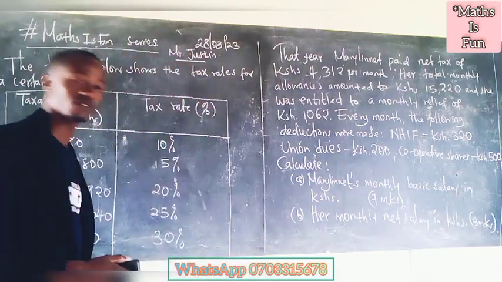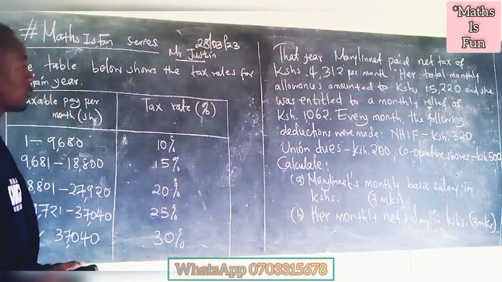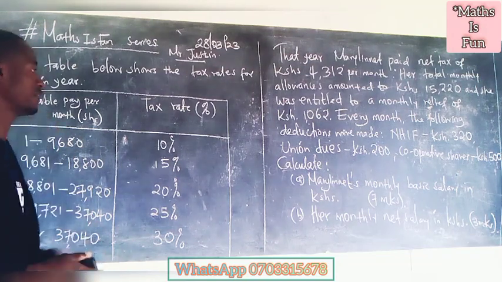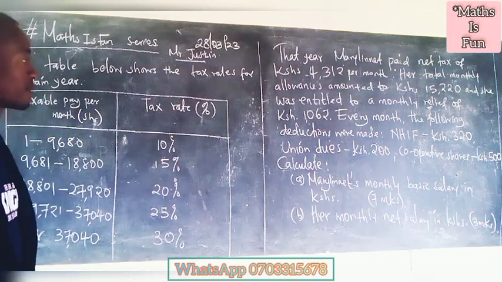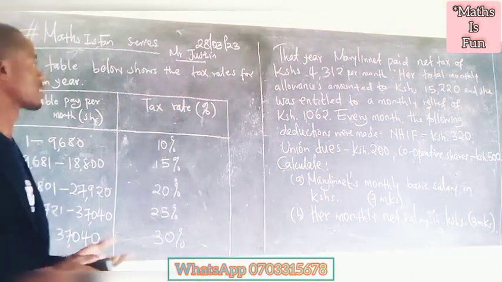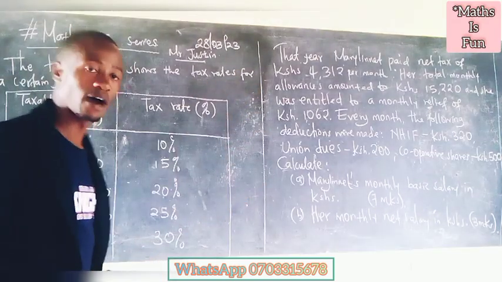Many of these questions give us the taxable income, which we use to calculate the gross tax, then the net tax, that is the pay. But in this question, it is the reverse. It is a reverse process of calculating the basic salary, starting from the pay.